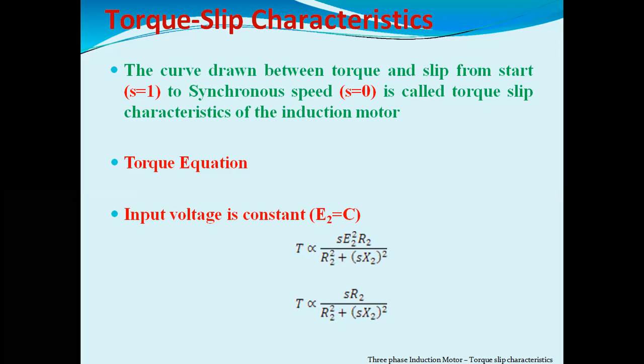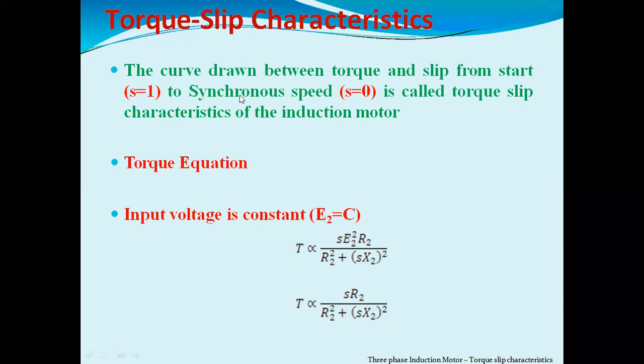It means s equal to 1. So the curve drawn for torque and slip starts with slip value equal to 1, because we take capital N equal to 0 at starting. So slip equal to 1 at start.